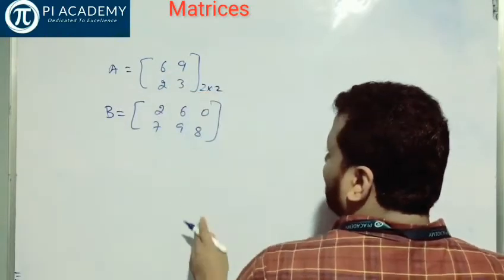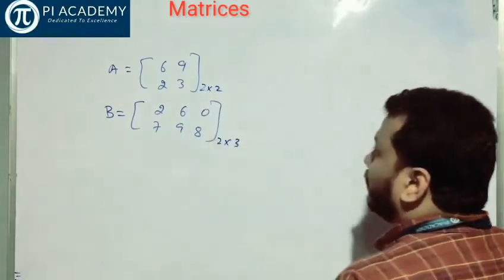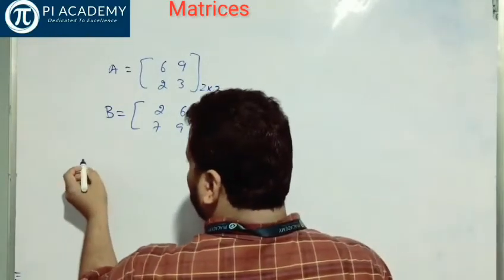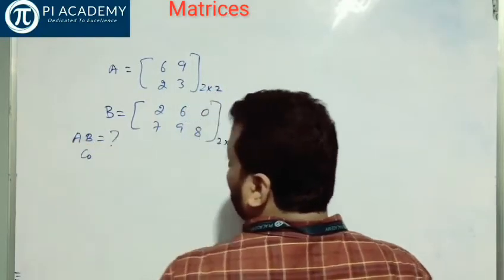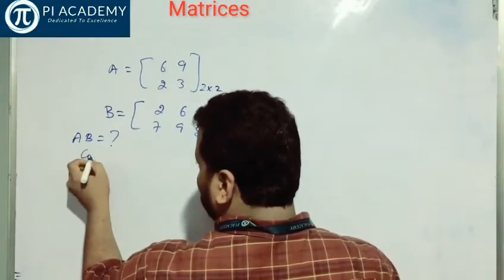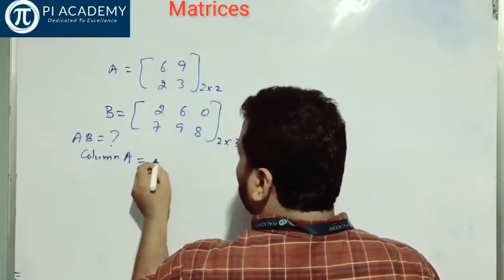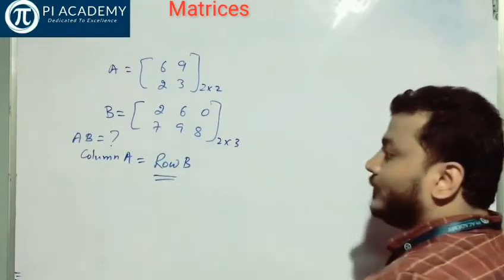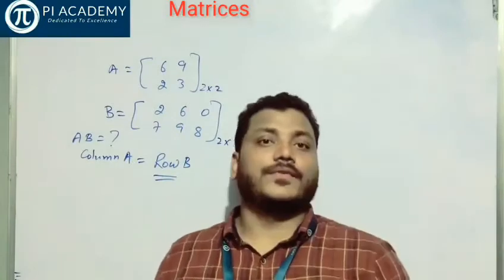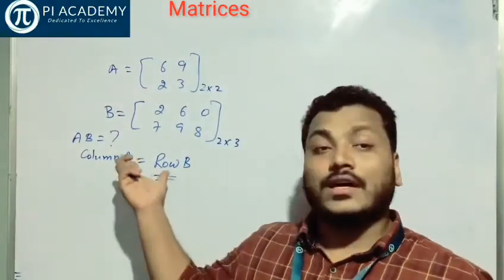So this is a 2 by 2 matrix, and this is a 2 by 3 matrix, with 3 columns. One condition is there. If you are finding A into B, the columns of A must be equal to the rows of B. So if you do A into B, the number of columns of A must be equal to the number of rows of B.